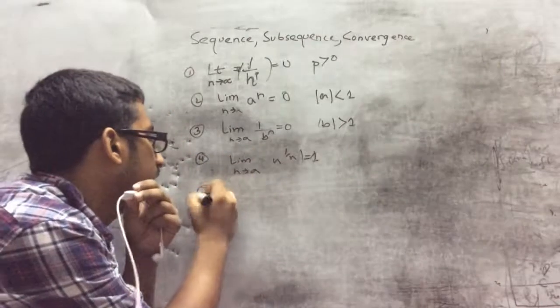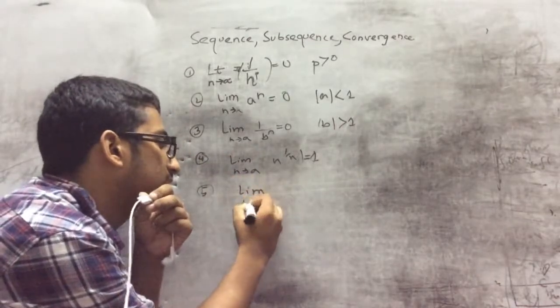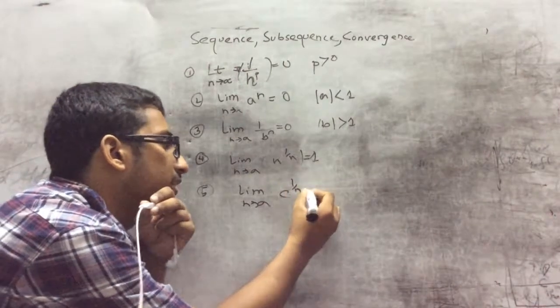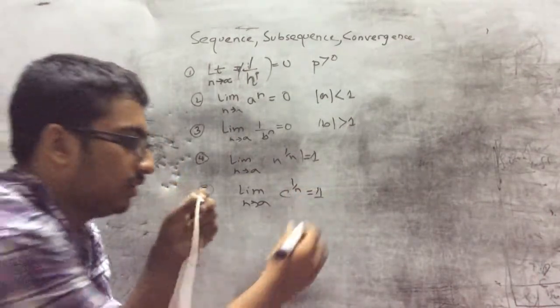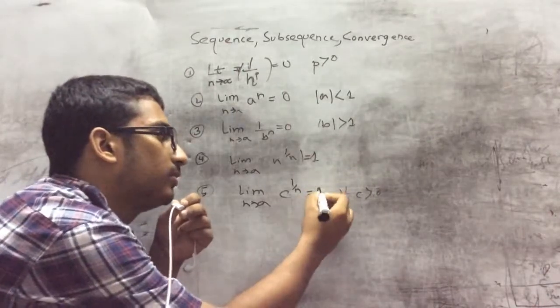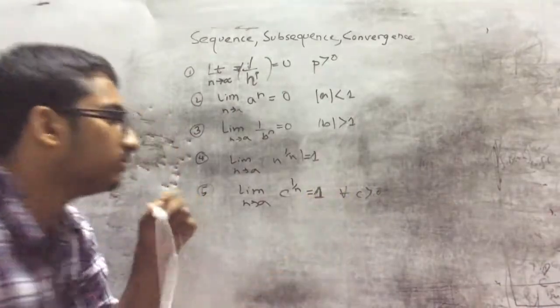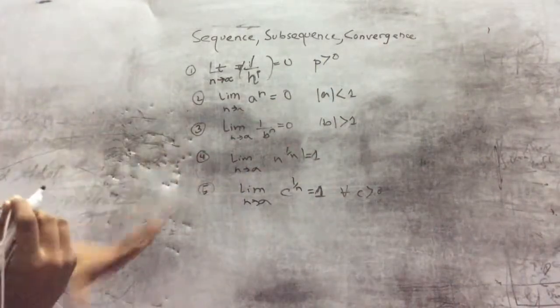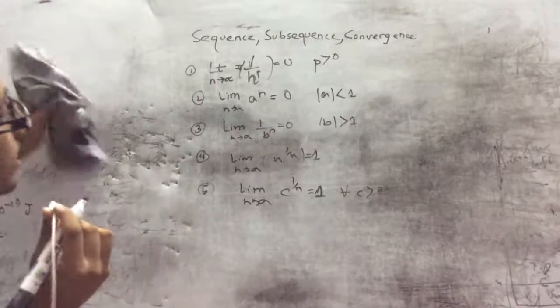Another one is the limit of c to the power 1 by n is equal to 1, for all c greater than 0. This one is important actually. These conditions are very important, so please pause the video and take them down, and these are the important ones.